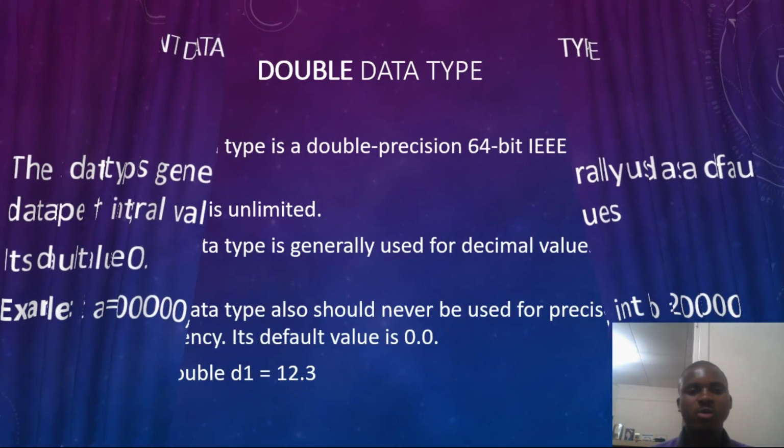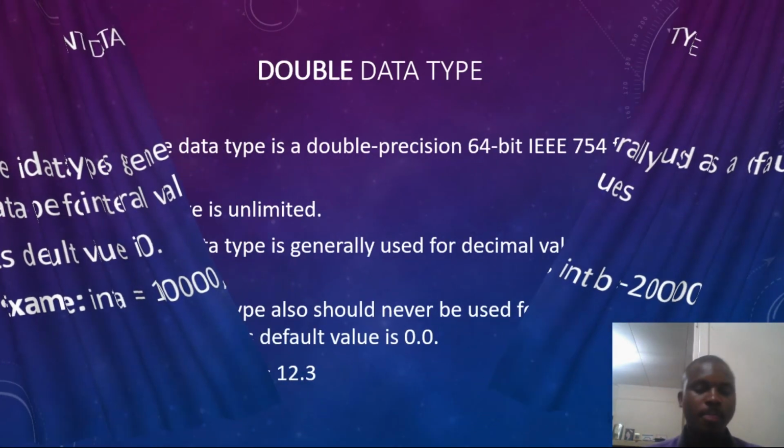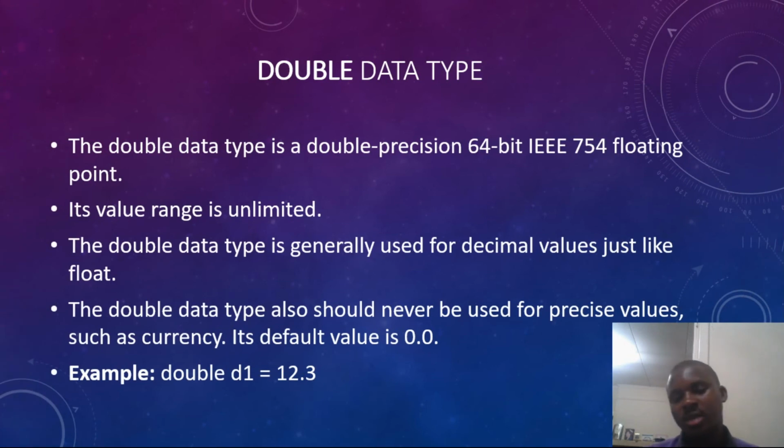Okay, and then we go on to the double data type. The double data type is a double precision 64-bit floating point. Its value range is unlimited. The double data type is generally used for decimal values, just like float. We normally use the double data type for those numbers which are not exact. You can opt to use a float or a double.